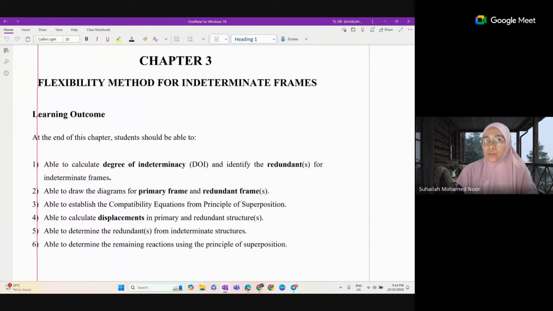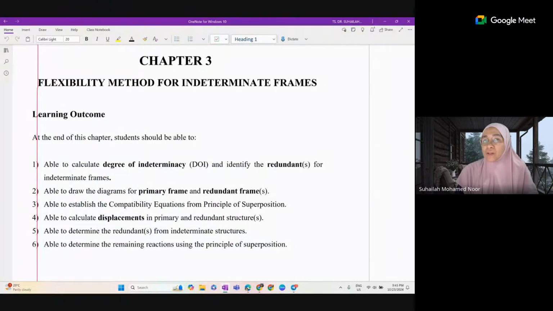The redundant we determine by solving the compatibility equation, and we have to remove it first. By removing the redundant, we get the primary structure or primary frame. One redundant has two systems. Two redundants we have three systems.